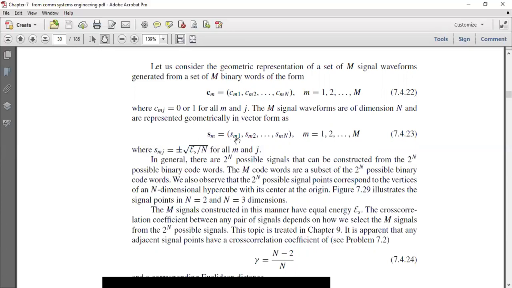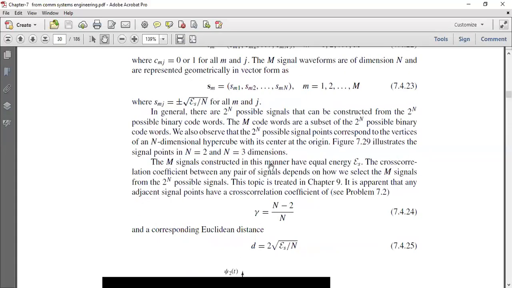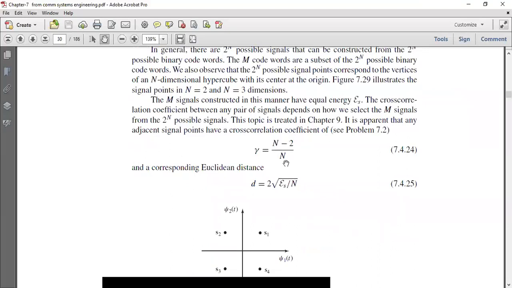So each s_mj is equal to either positive or negative square root of Es divided by n, depending upon the signal waveform shape. In this case, the correlation coefficient is (n minus 2) divided by n, and the corresponding Euclidean distance is the square root of 2 times Es by n.